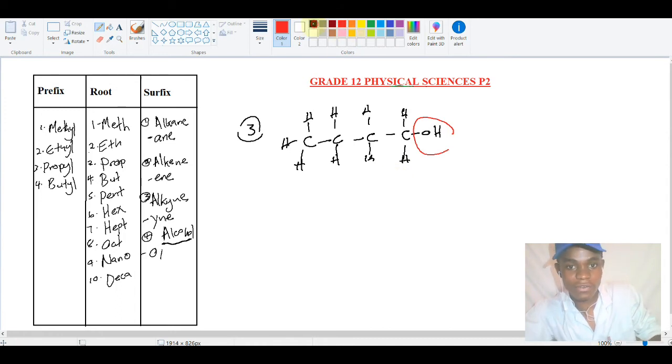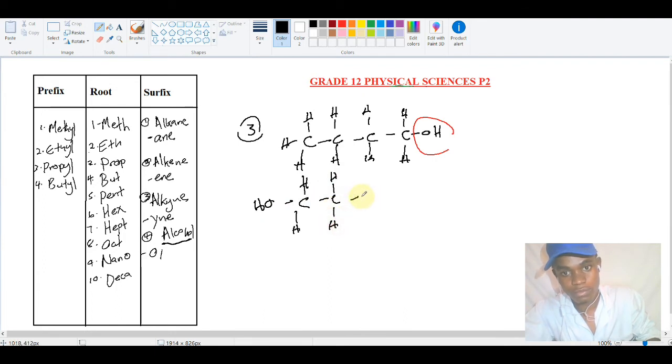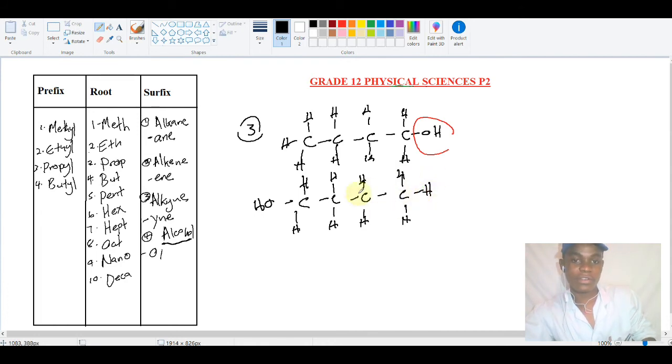Now where is the difference if we start here and say COH, then we go, now where is the difference? Where is the difference?